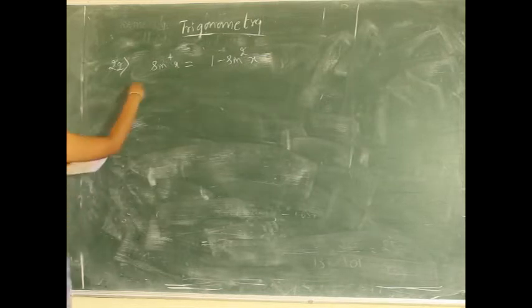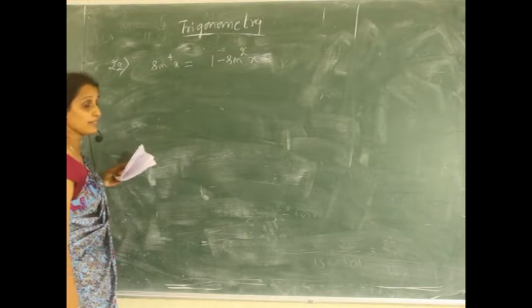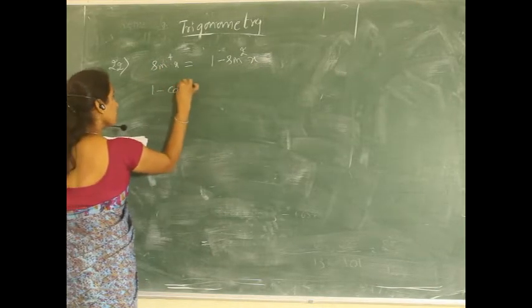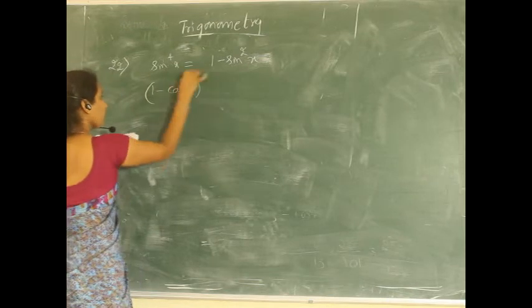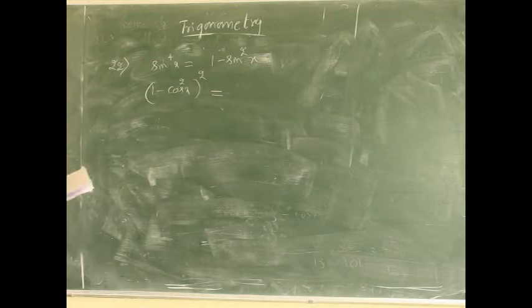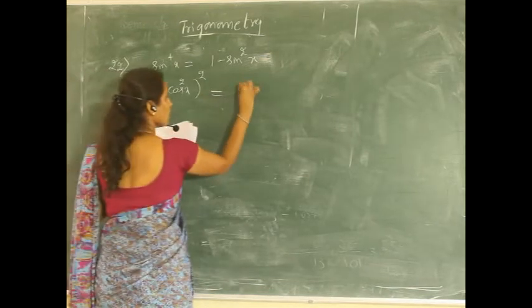So I can write sin power 4x as sin square x whole square. Sin square x is 1 minus cos square x, so it is 1 minus cos square x whole square, that is equal to, again, 1 minus sin square x is cos square x.